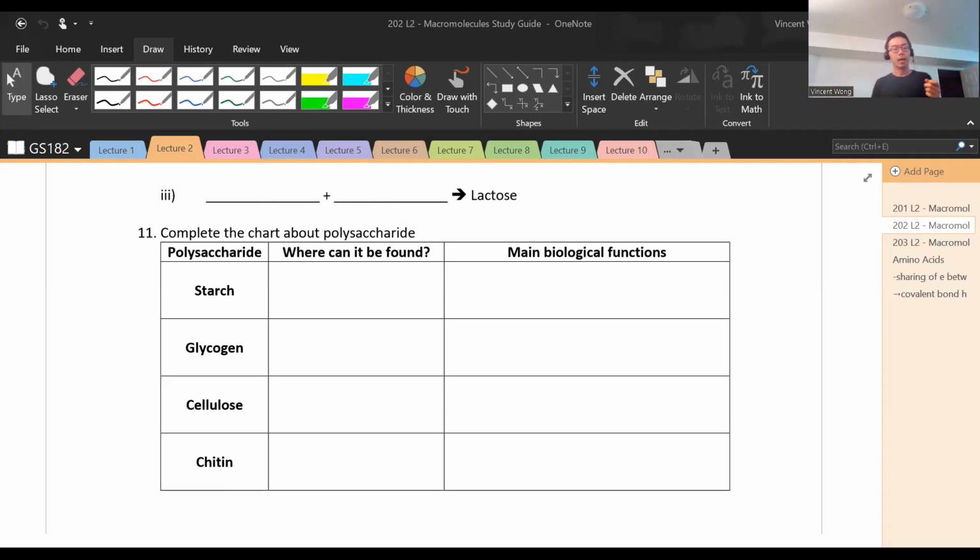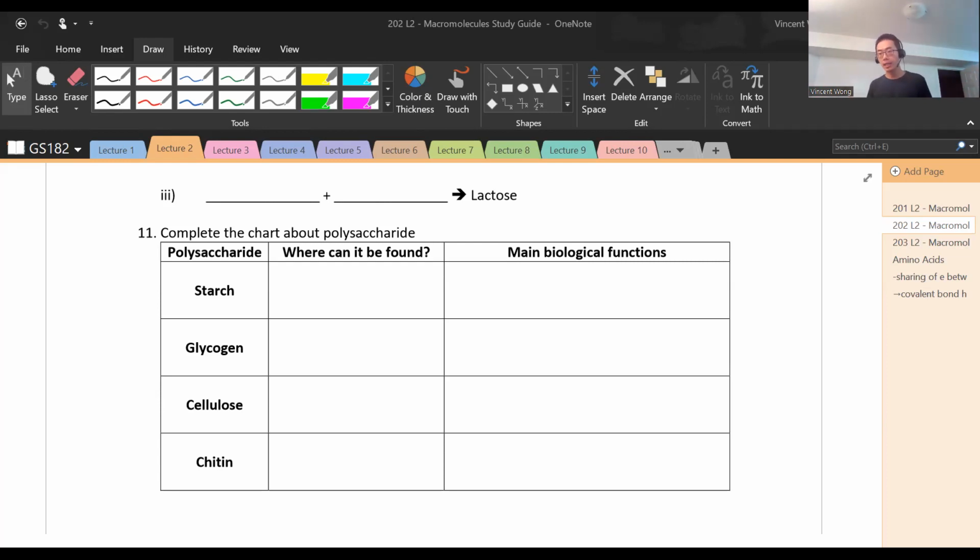So we learned two types that are useful for storing energy, and we learned two types that are useful for forming structural support. So we have glycogen and starch. These are the storage form of energy. Glycogen is the storage form of energy in animals. So we store it in muscle and in our liver, and when we have excess glucose, that's where we will put it.